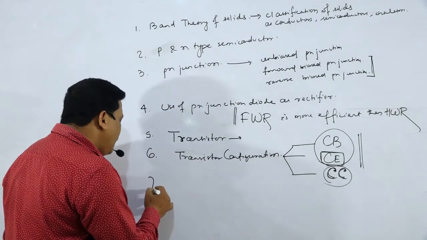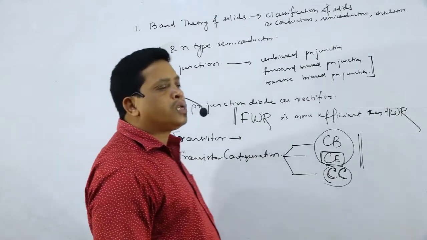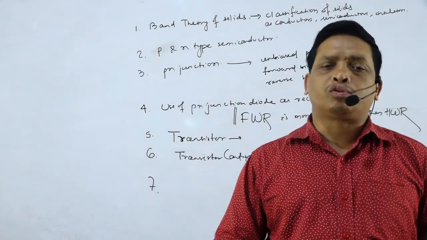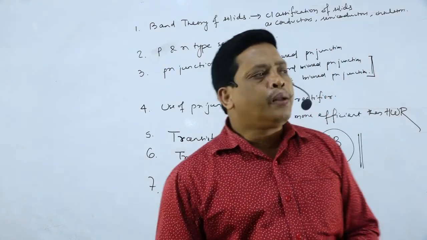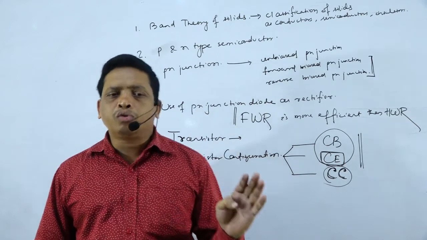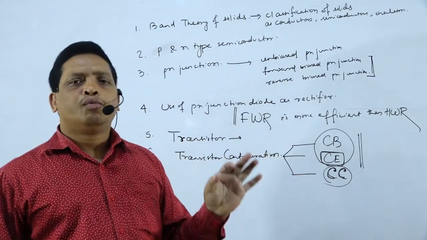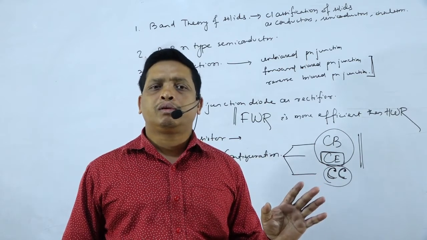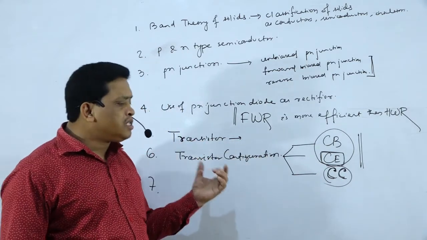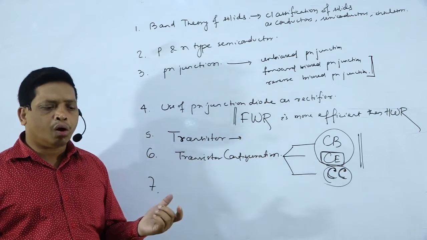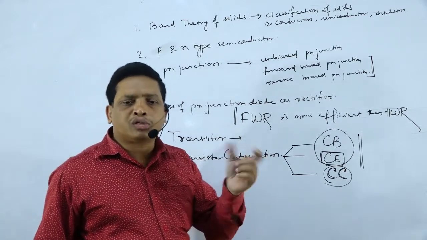Then we discussed some special purpose semiconductor diodes. We learned about Zener diode, photodiode, light emitting diode. Frequently these three are asked under short questions, or sometimes short notes are also asked.